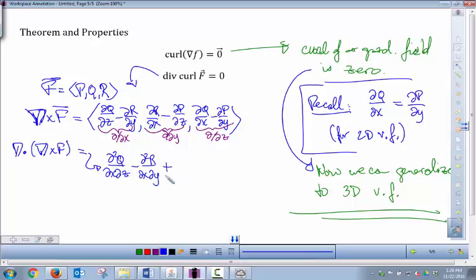And the div gives you a scalar, so in place of commas I'm going to have an addition sign, and then tediously write out the rest of this. And then the last one, d squared q dz dx minus d squared p dz dy.